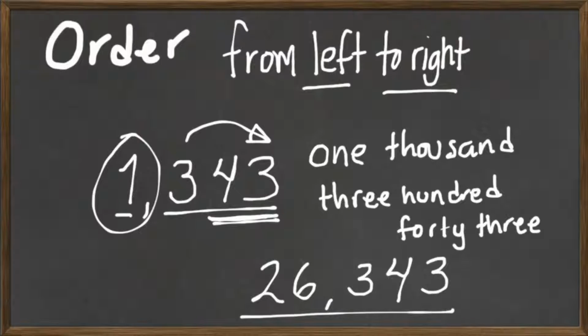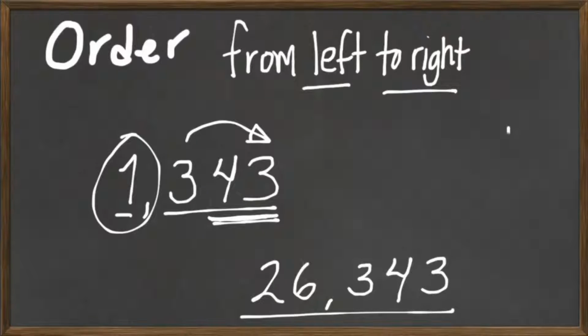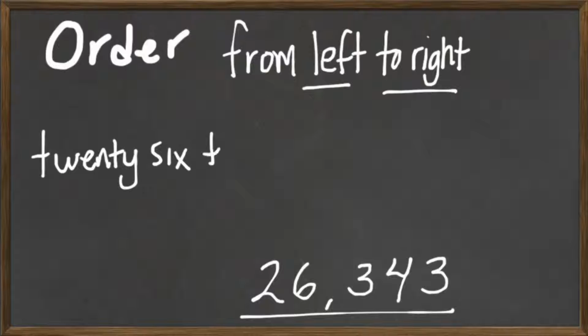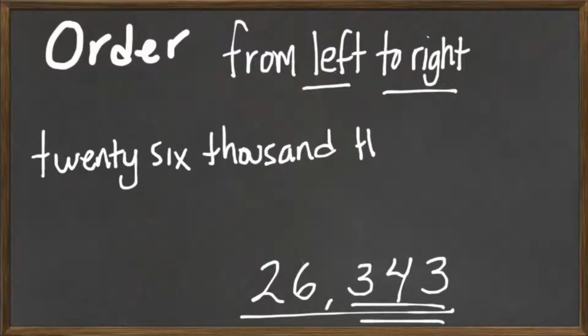Maybe I ran out of space, but let me erase a little bit so that we can go and answer the second one. Once again we start from left to right. So we have 26,000 and all we have to do now is the rest, which is 343.